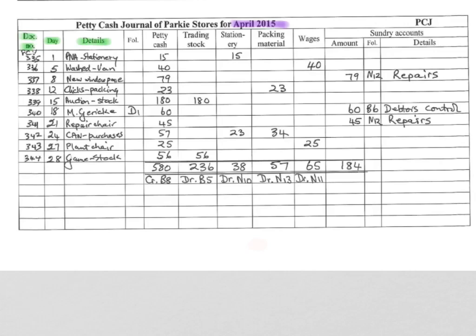Then the next column is the details column. Seeing that it is not always possible to connect a specific name of the person or the institution to whom the payment out of the petty cash box went, we will rather write a short description of the item or service that was paid for.